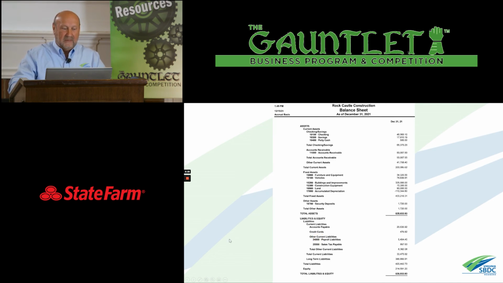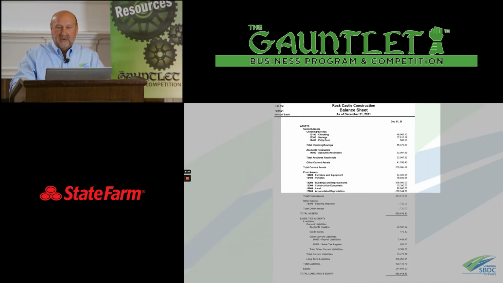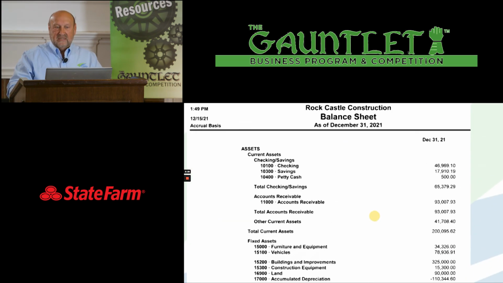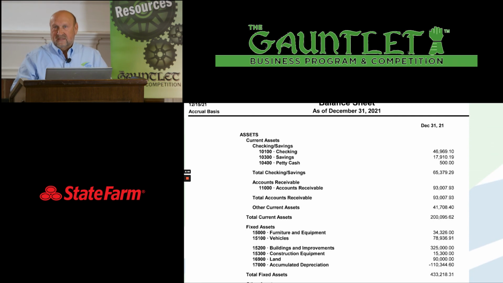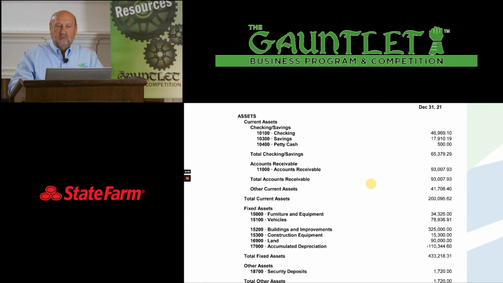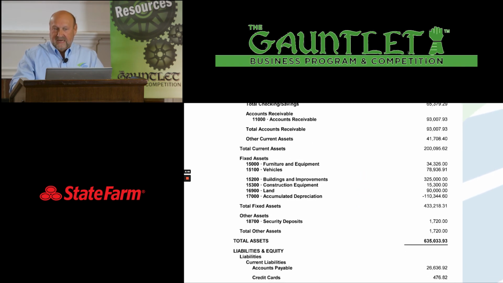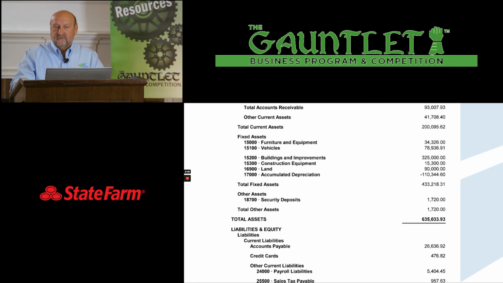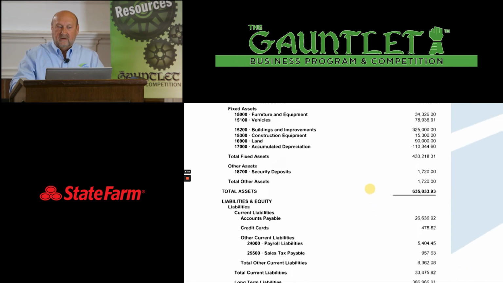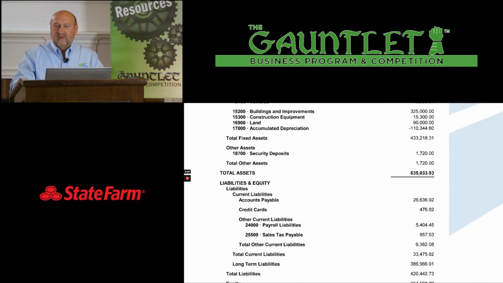So let's give you an example here. This is a balance sheet. You'll see it's as of December 31st, a specific date. It's showing the checking account, savings account, and accounts receivable, and gives you your total current assets. You can see your furniture and fixtures, your assets are built in here. And it gives you a total of $635,033 for your total assets.